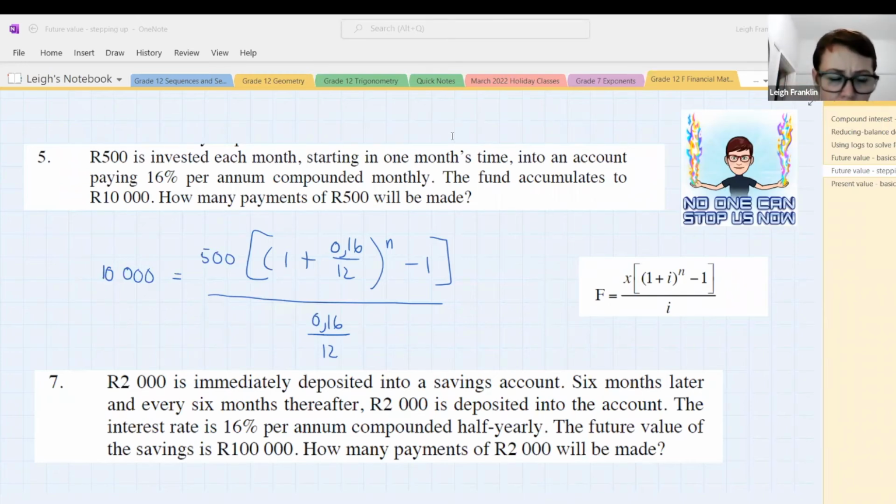Yakupa, is that your answer for number 5 or number 7? Okay, so Yakupa, you've said 12,829 Rand, but the question was how many payments of 2,000 Rand will be made. So your answer doesn't match the question.